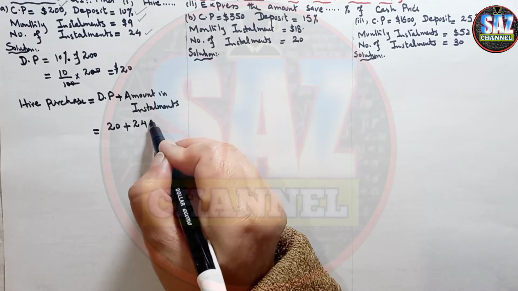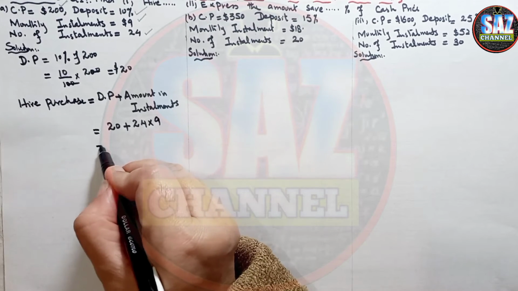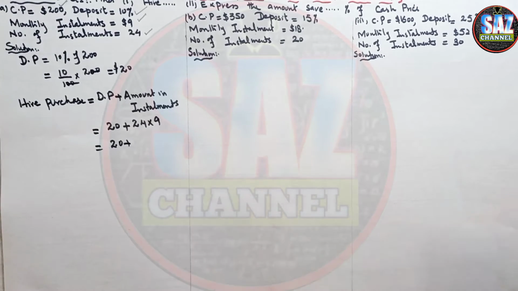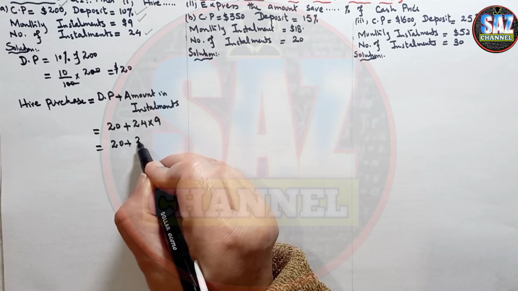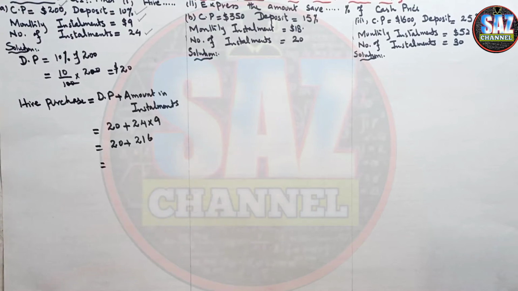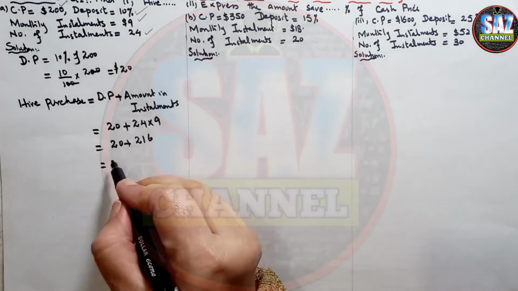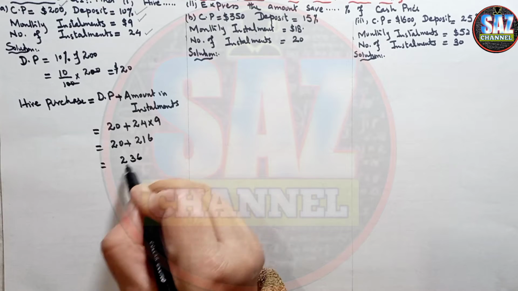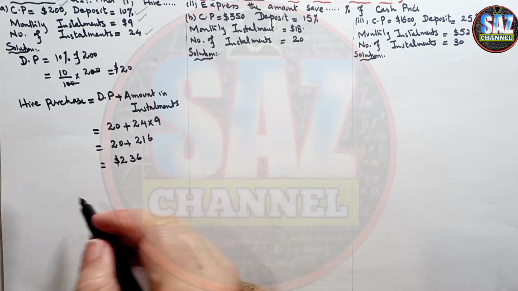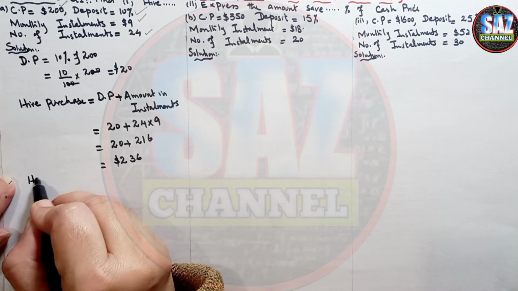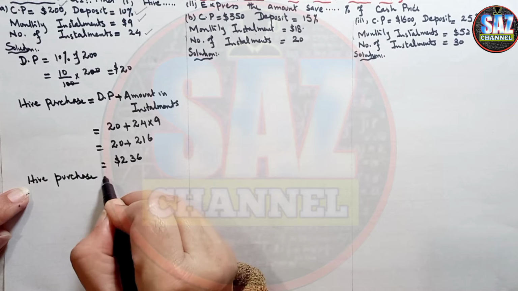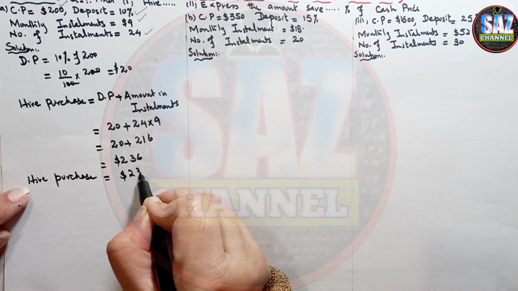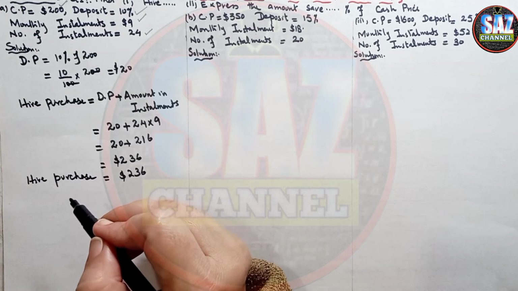So it will give me 20 plus 24 multiplied by 9, and 24 times 9 gives me 216. When I add 20 to that, this gives me 236. So the hire purchase price will be equal to $236.